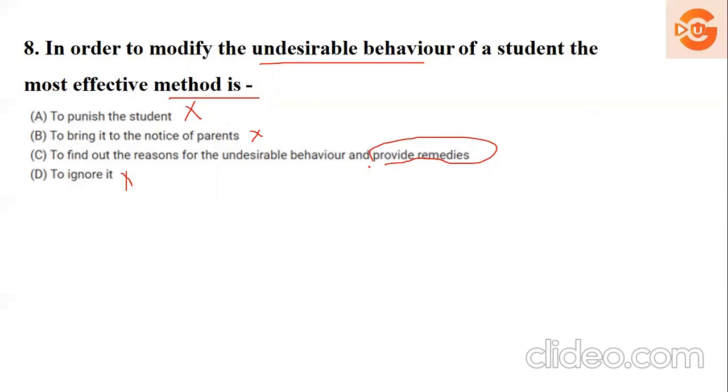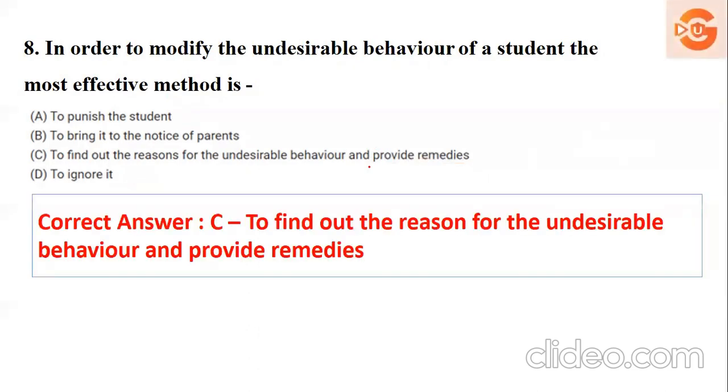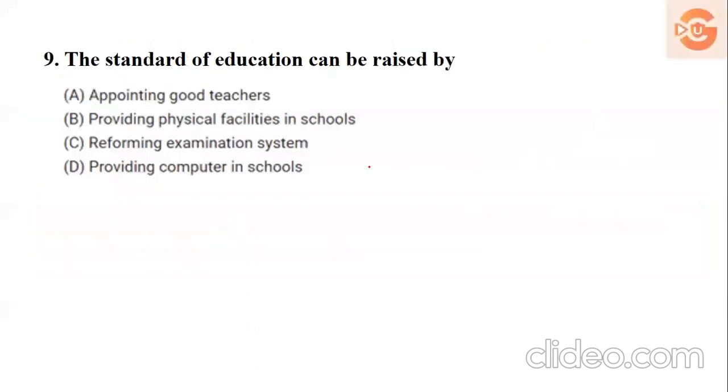You have to pick up the reason, find a remedy, and convert it into desirable behavior. And that's what we always tell: a teacher helps in the transformation of a student. You can change the behavior of the student from undesirable to desirable. So the correct answer for this question is option C.